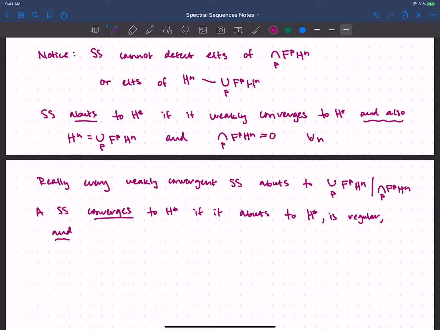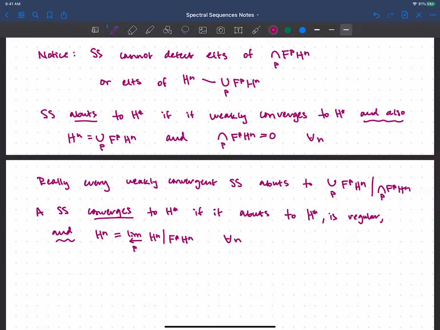And what's the last thing that we need? We want, just trying to emphasize the and, not define the and. So the last thing that we need is that Hn is the inverse limit of Hn mod its filtered pieces. Okay, and again, that should be true for all n.